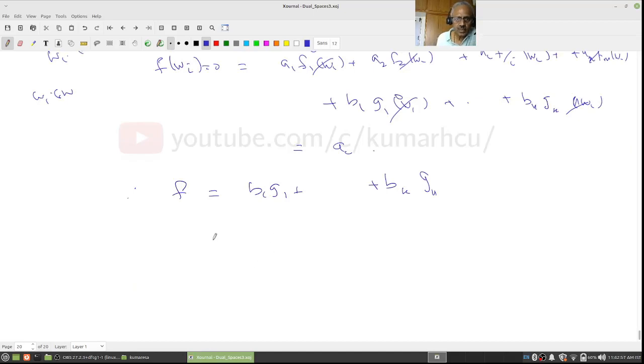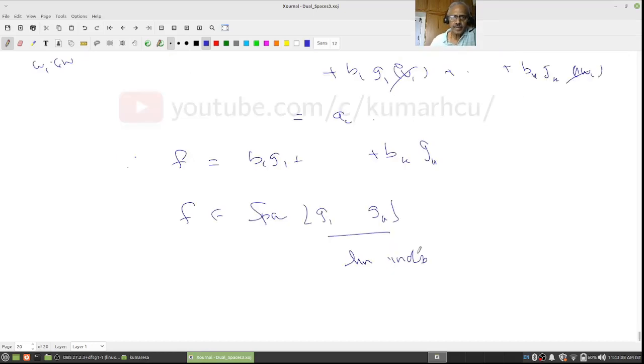Now what? So F belongs to the span of G1 to GK, but this is already linearly independent. You understand that? Therefore this set is linearly independent because it is a subset of F1 to Fm, G1 to GK. So it is linearly independent, and it spans W perp.